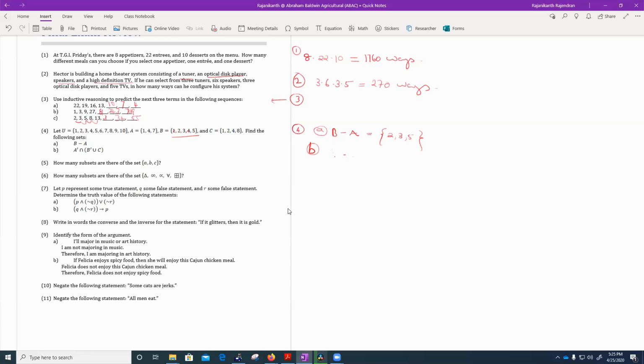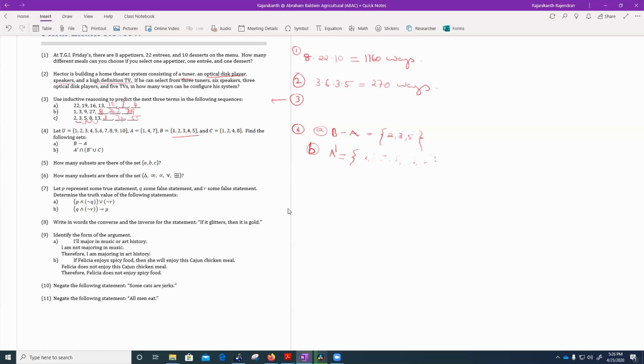That means you are looking for the elements which are in U, the universal set, but not in A. That means 1, 4, 7 should be excluded from here. So all the remaining are going to be here. Therefore, your A prime is going to be 2, 3, 5, 6, 8, 9, and 10, right?